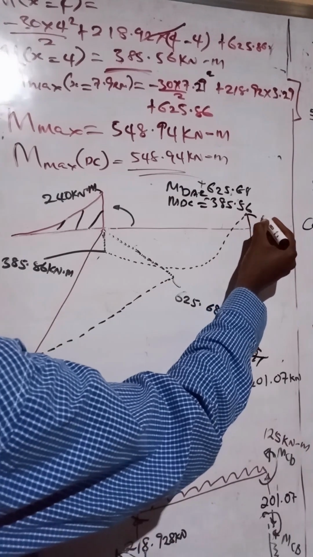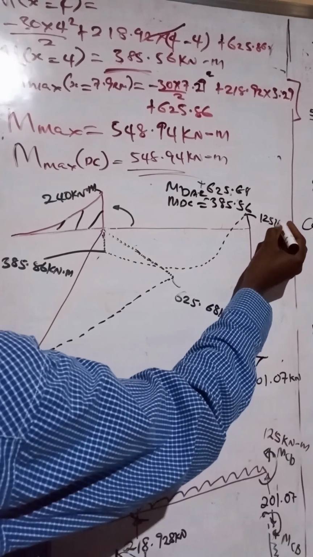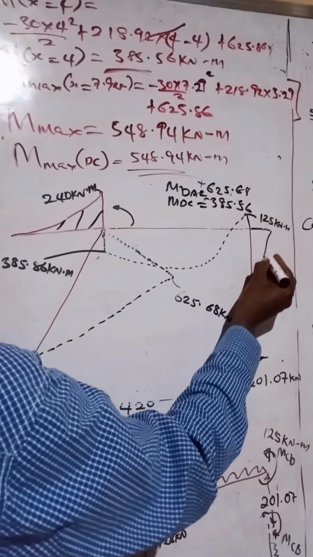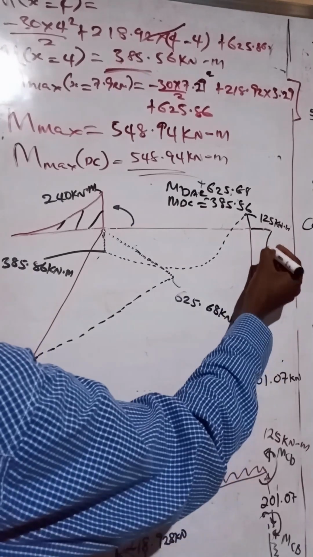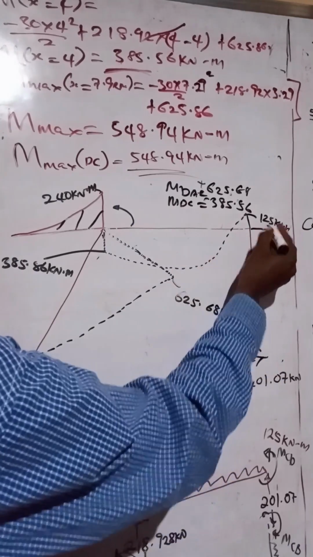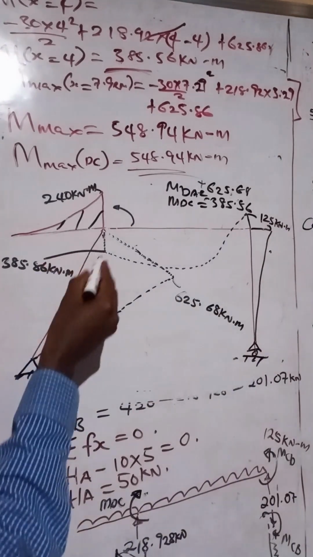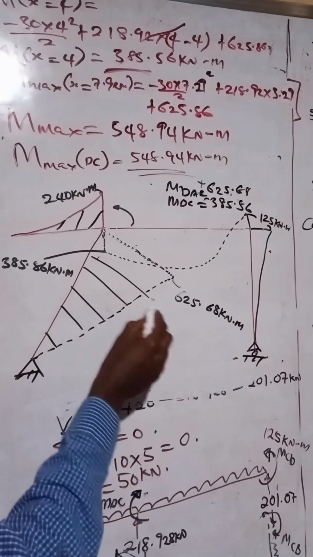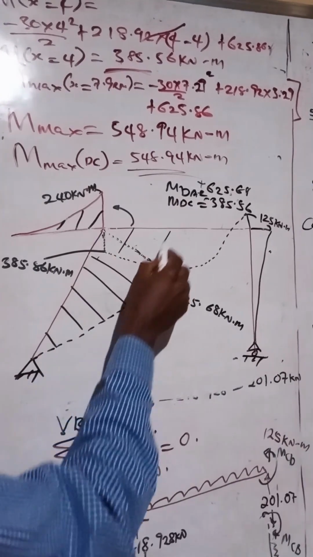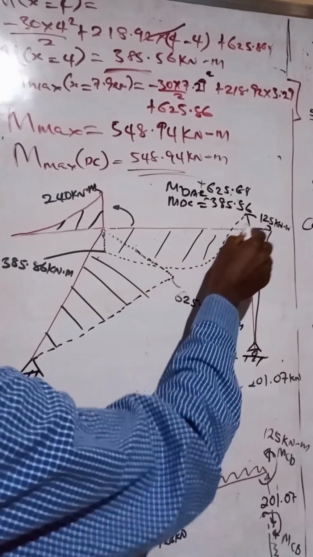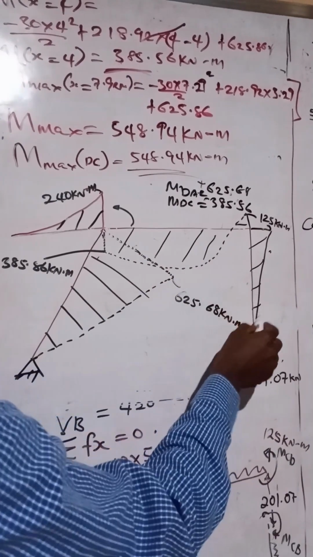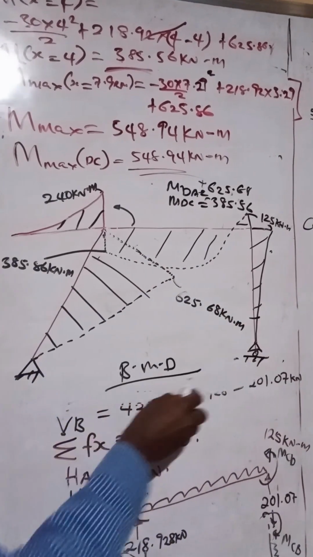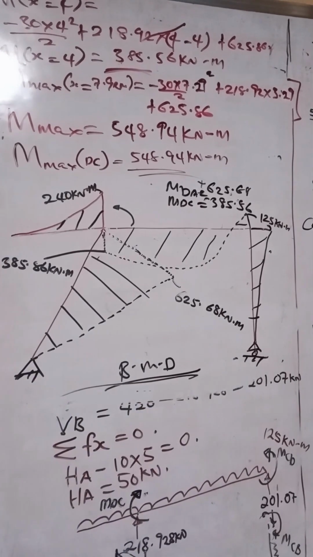Right here we have 125 kilonewton meters, and the other side of it is also 125 kilonewton meters. So we can shade it off if you wish. This becomes the bending moment diagram for this frame.